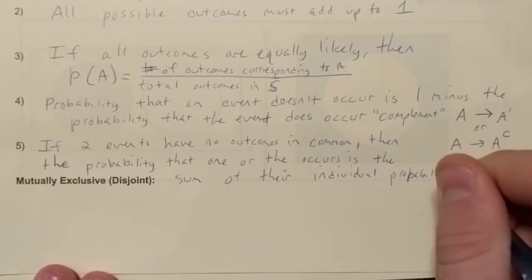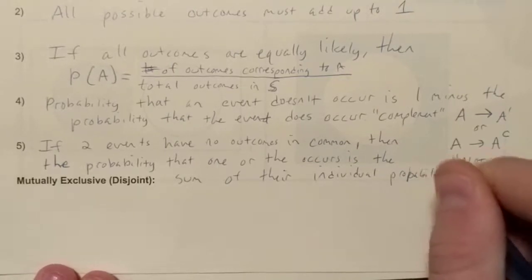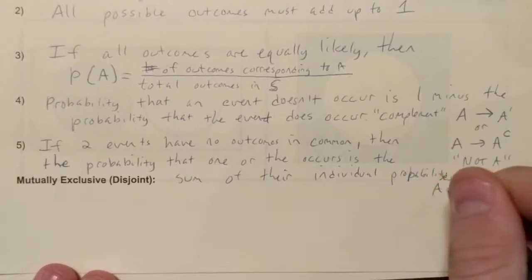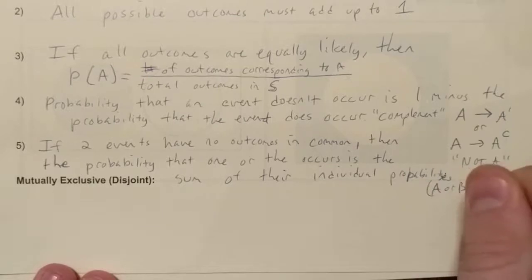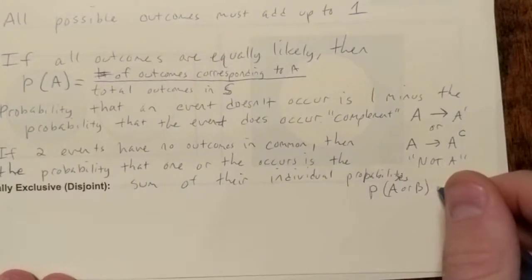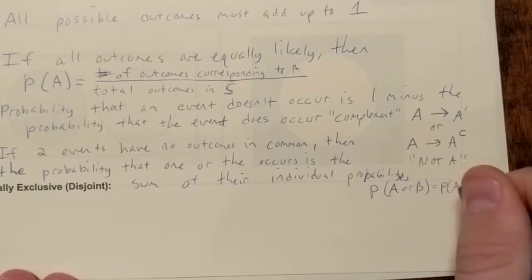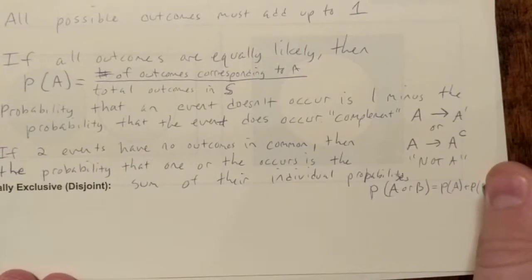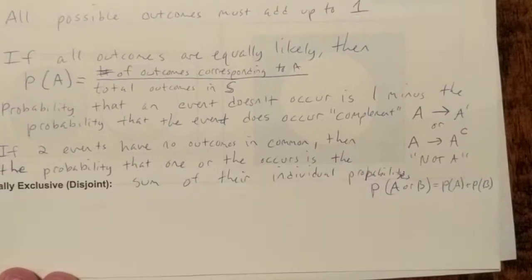So this is the A or B, so the probability of A or B happening. If they are sharing no mutual outcomes, just probability of A plus the probability of B. That's rule number 5.